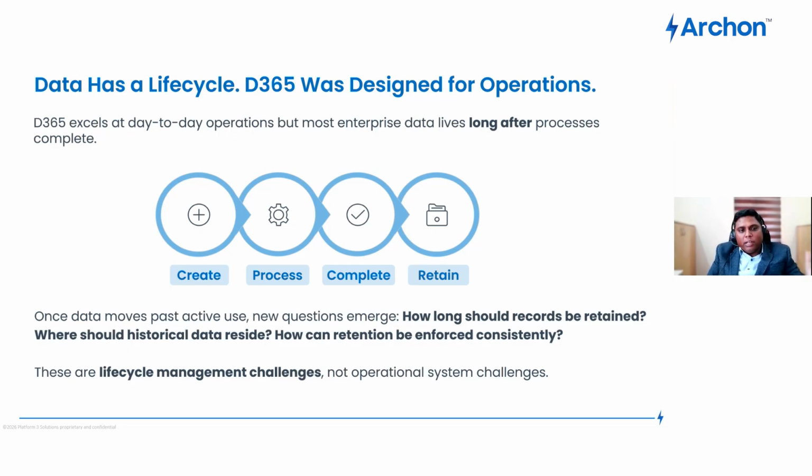We create, we process. Once we complete, we retain. Once we retain for a certain time, we manage the life cycle of the data by offloading it as well, so that we always have the right amount of data in the archive and the right amount of data for the operational activity.